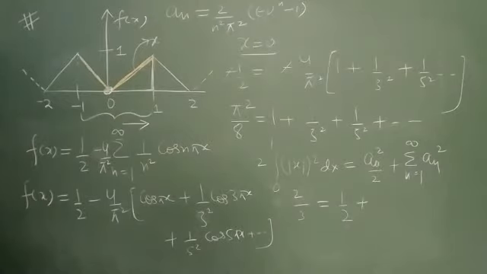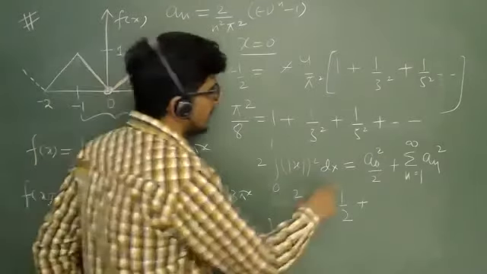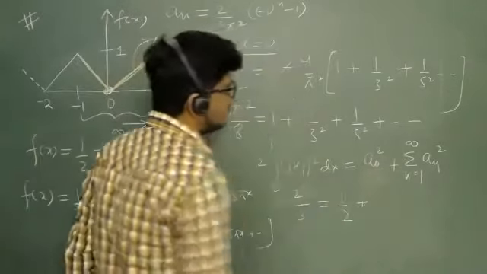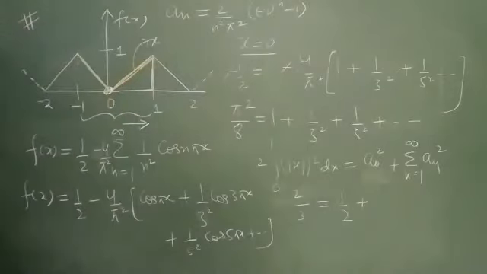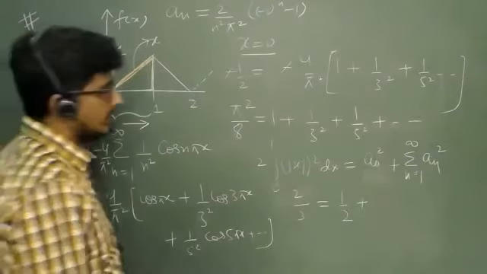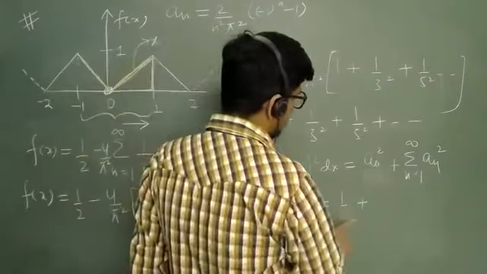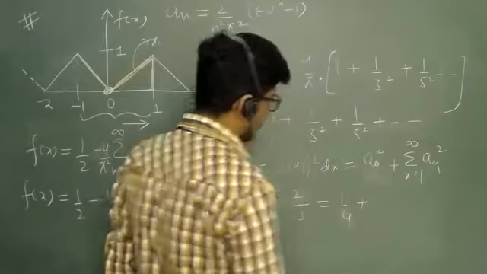So a naught square by 4 should not be. No, take the first term, it will become a naught square, if it is like this. Yes sir, the first term is 1/2, so it will become 1/4. Yes, it will become 1/4.